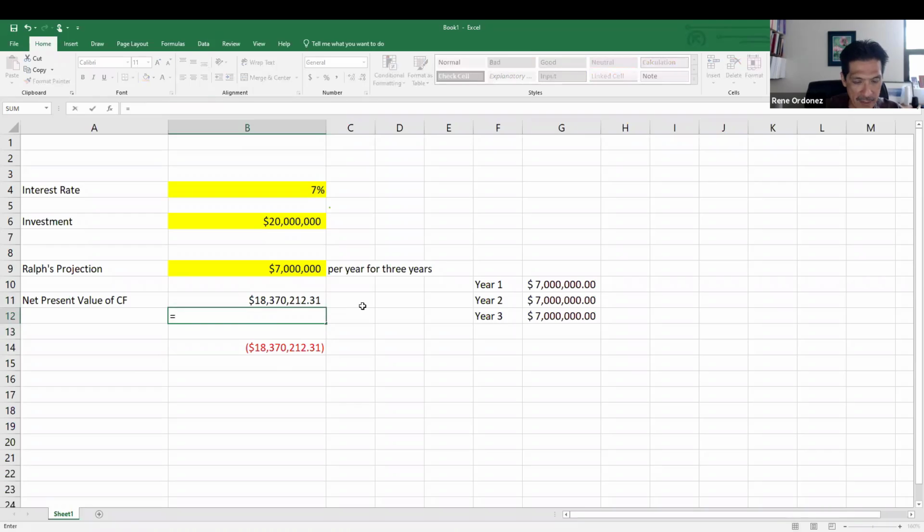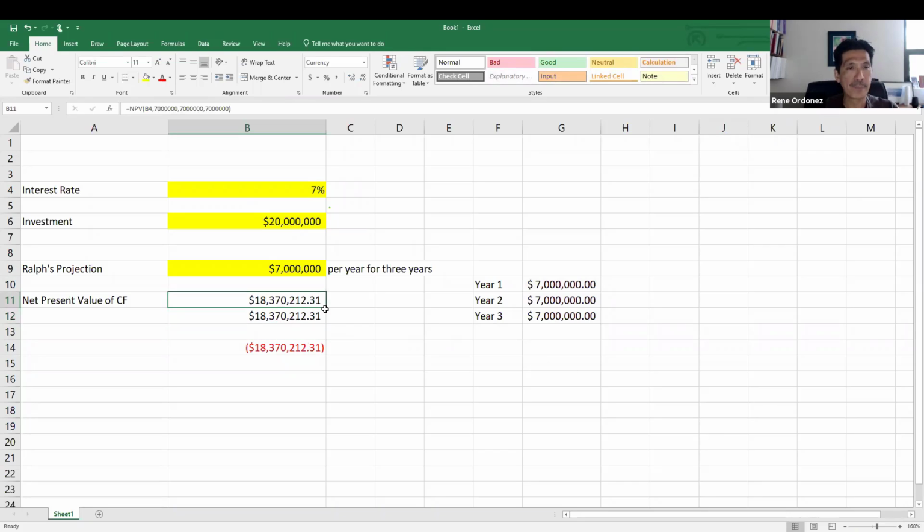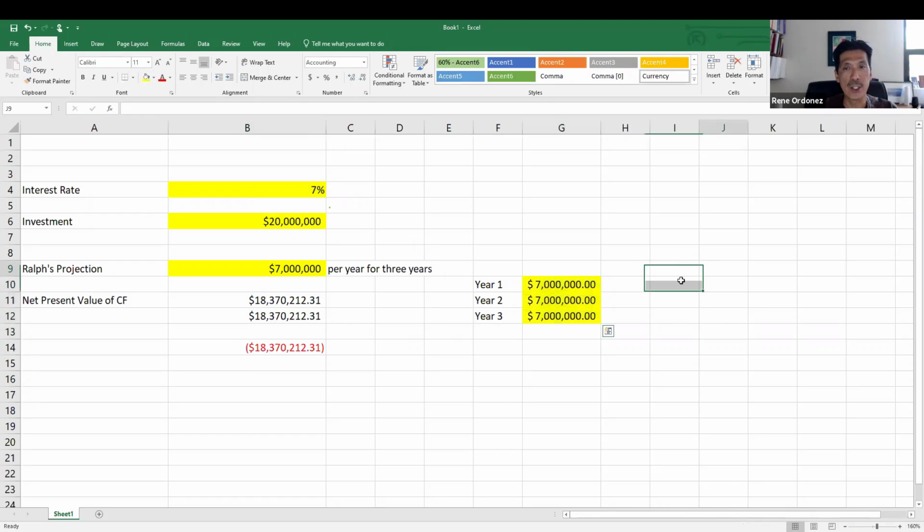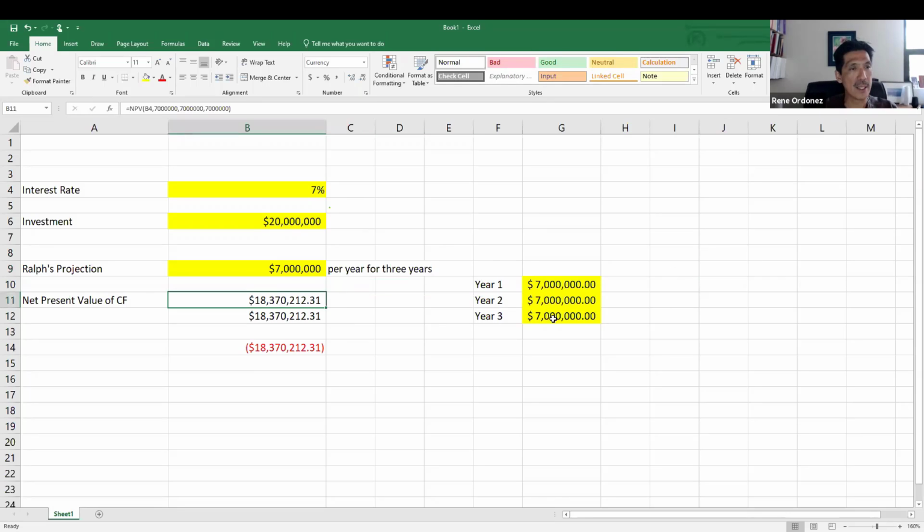So equals NPV, the rate is that cell, and then this is the second, the third, those investments. Either way works, but this one is more preferred because it will allow you to reuse the same template that will compute the present value.